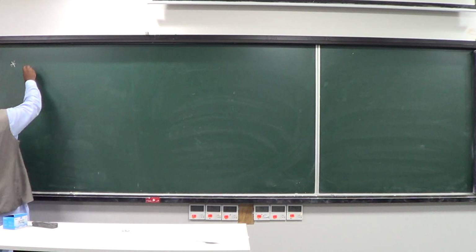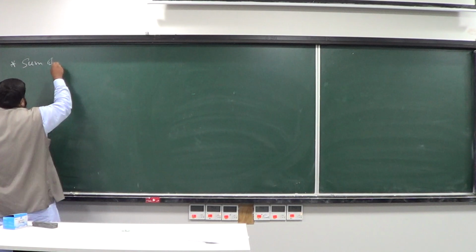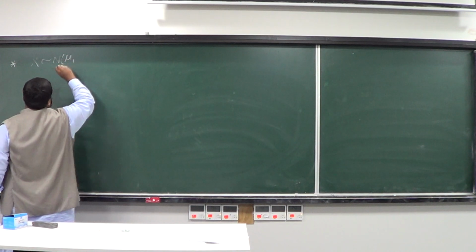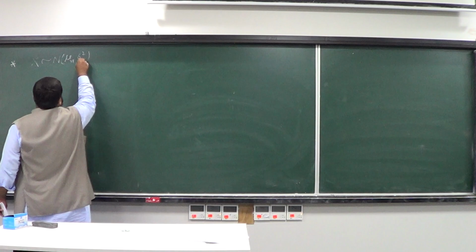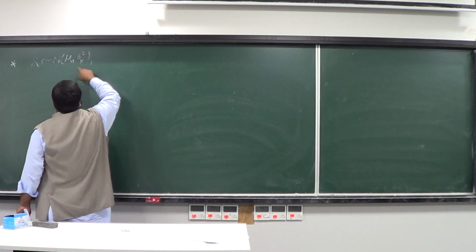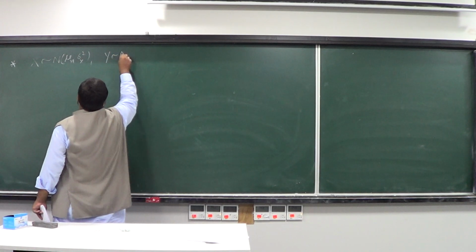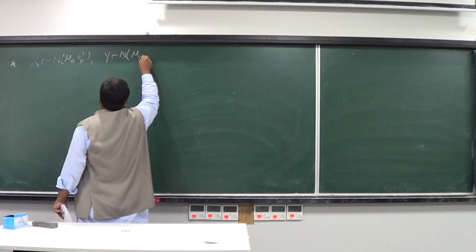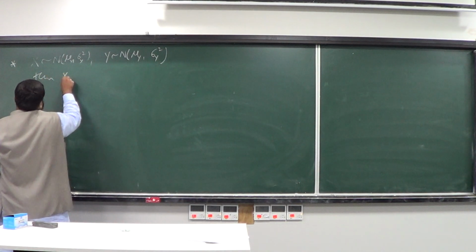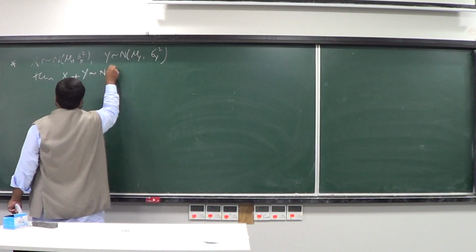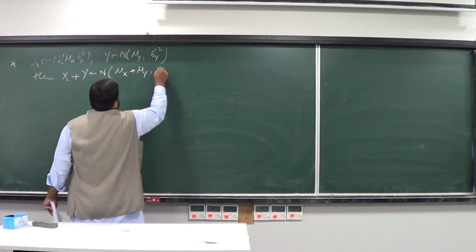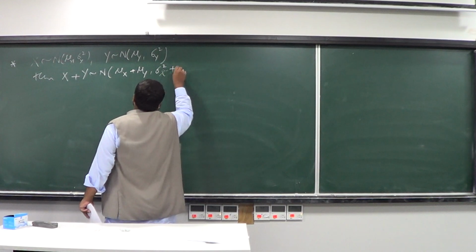the fact, by showing that if X and Y are two normally distributed random variables, say that X is normally distributed with mean mu x and variance sigma x square, and Y is normally distributed with mean mu y and variance sigma y square, then the sum would be normally distributed with mean mu x plus mu y, in other words the sum of the means, and the variance as the sum of the variances actually.